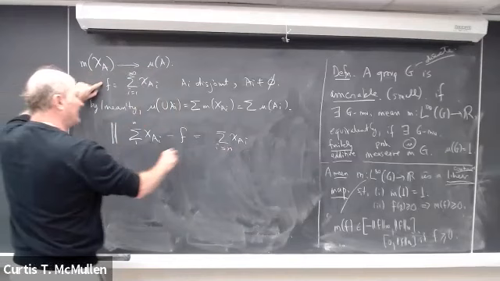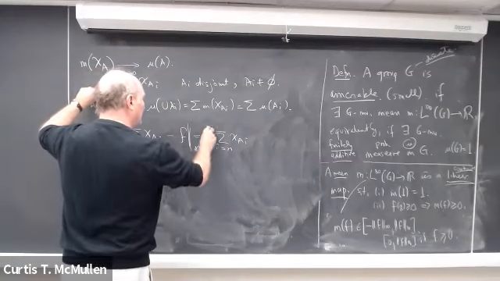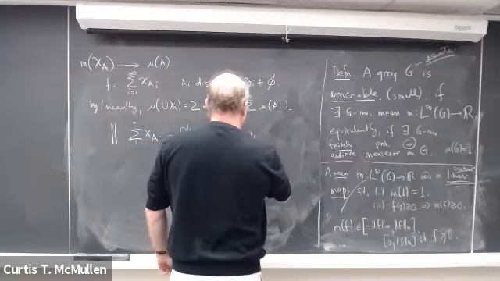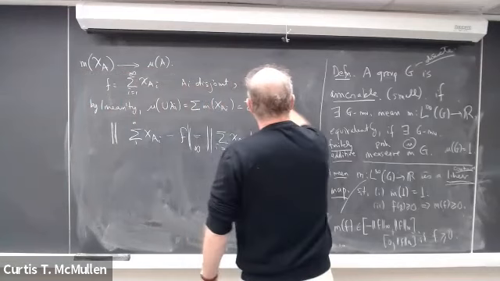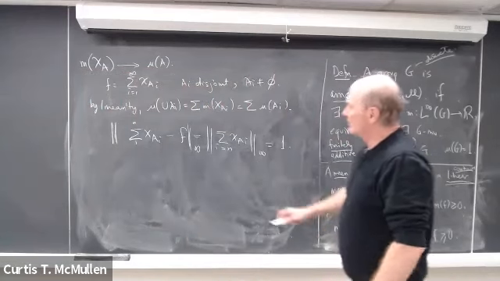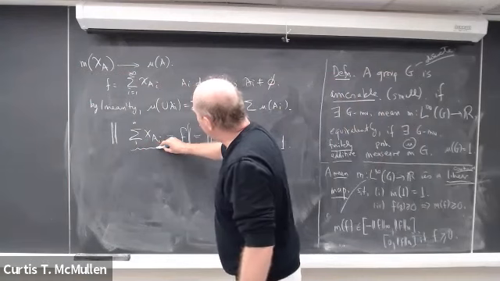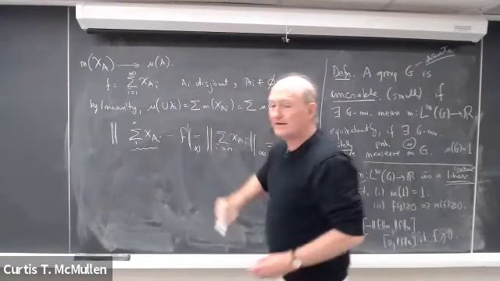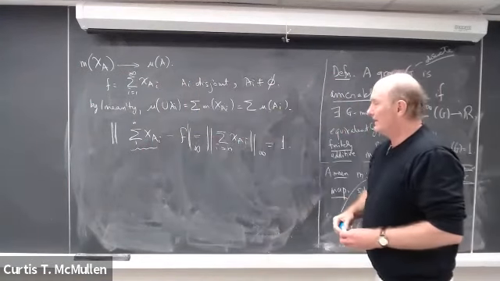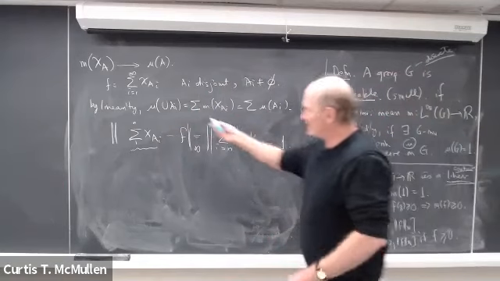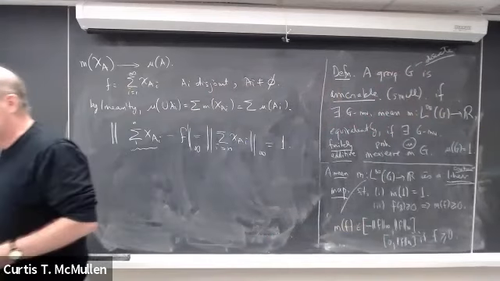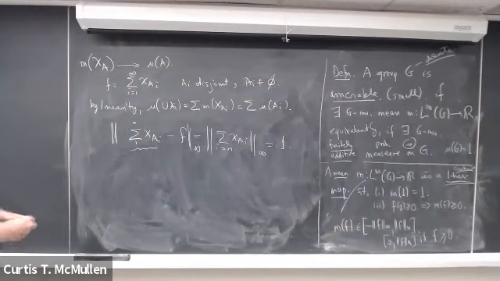And so the L infinity norm of this would be equal to 1, because some of these A_i are non-empty. So in other words, in L infinity, these finite sums do not converge to the infinite sum. And that's why this measure is in general not countably additive.